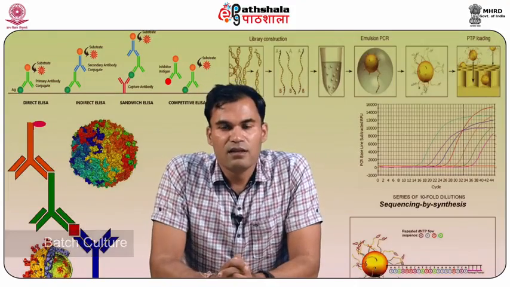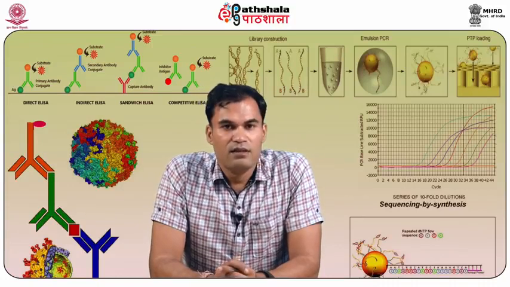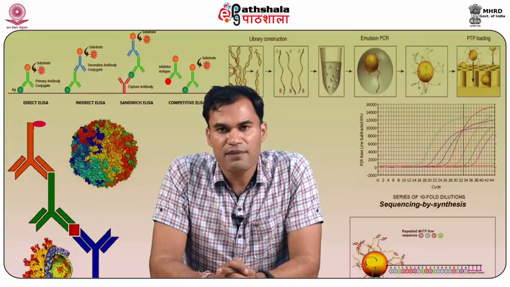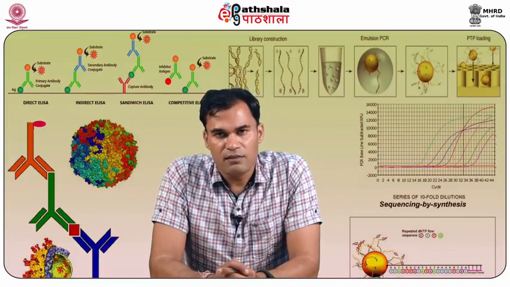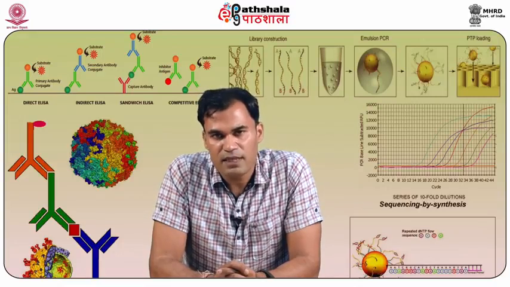In batch culture, microbes go through a number of stages: lag phase, log or exponential phase, stationary phase, and the death or decline phase. In the lag phase a minimum number of microorganisms are present.